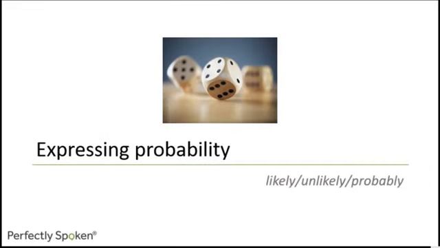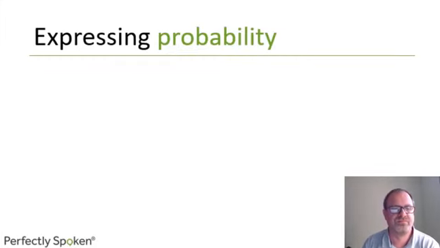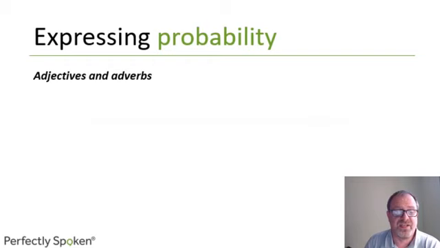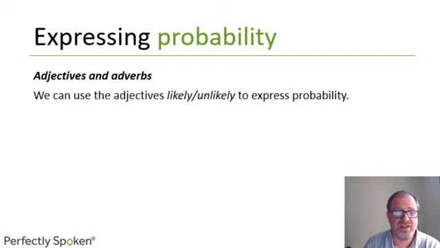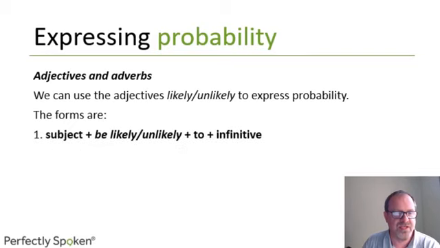Likely, unlikely, and probably we're going to look at. Okay, so adjectives and adverbs then. We can use the adjectives likely or unlikely to express probability. And the forms are subject, he, she, it, we, they, Peter, whatever, plus the verb to be.